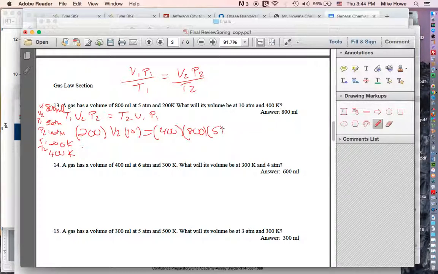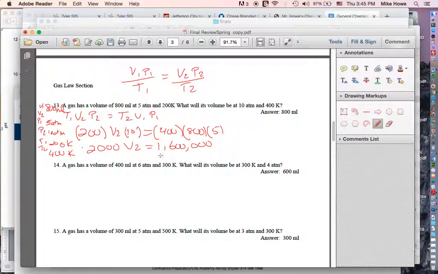So now you just have an easy algebra problem. You multiply the 400 times the 800 times 5. I'll go ahead and do that on the side here. 400 times 800 times 5, so I get 1,600,000. On this side, I got 200 times 10, which is 2,000 V2. So now how do you solve this?